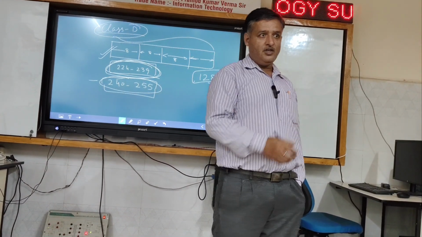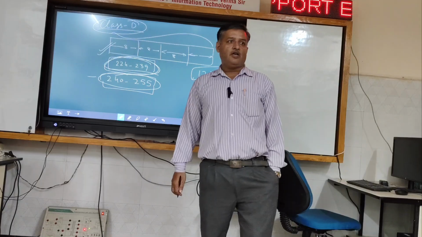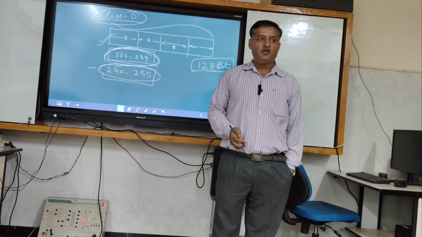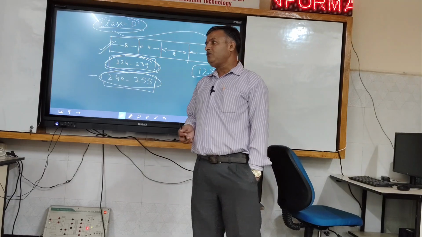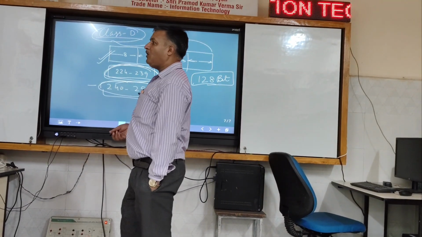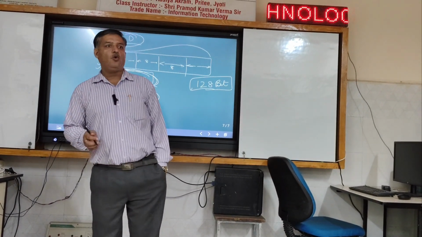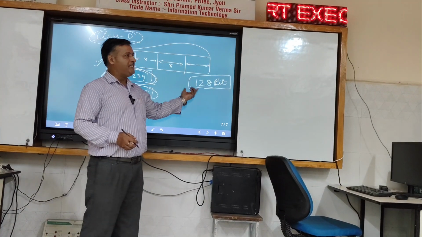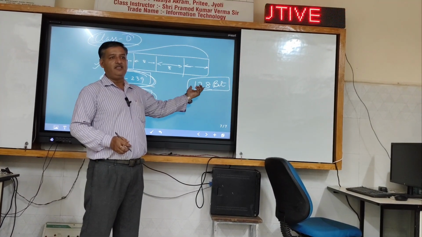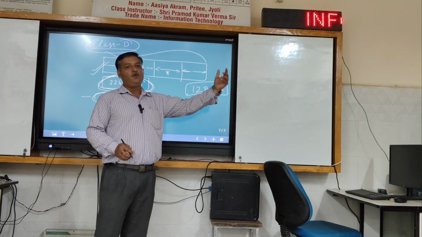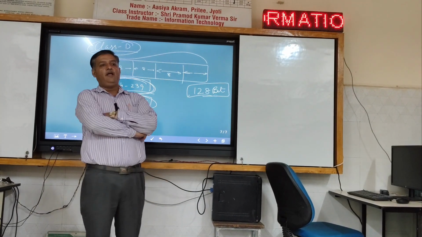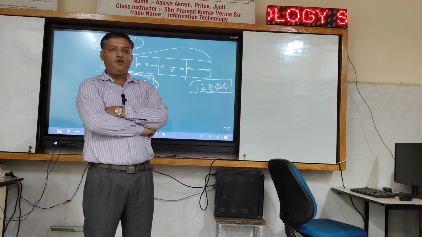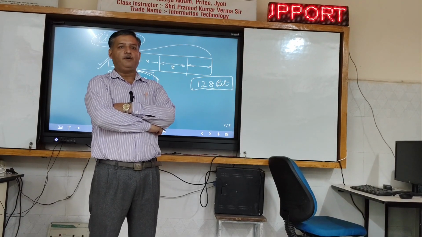IoT, I think you are listening to this term very frequently, Internet of Things. So everything will depend on the internet. All the machines will be operated by a single addressing system. So a 128-bit system was required for that. That's why IPv6 is used for futuristic purposes.